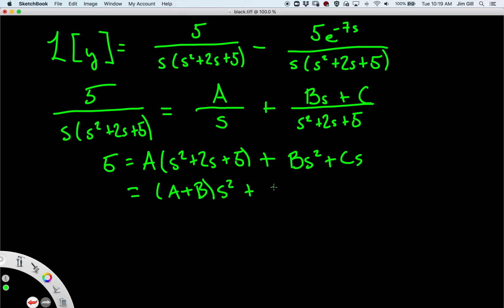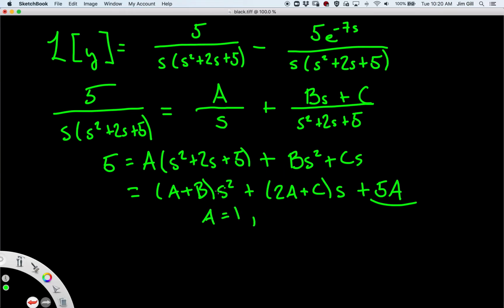We have a total of 2a plus c times s, and we have 5a. Okay, so now we kind of work backwards. We only have 5 on the left-hand side, so that must mean that a is 1.